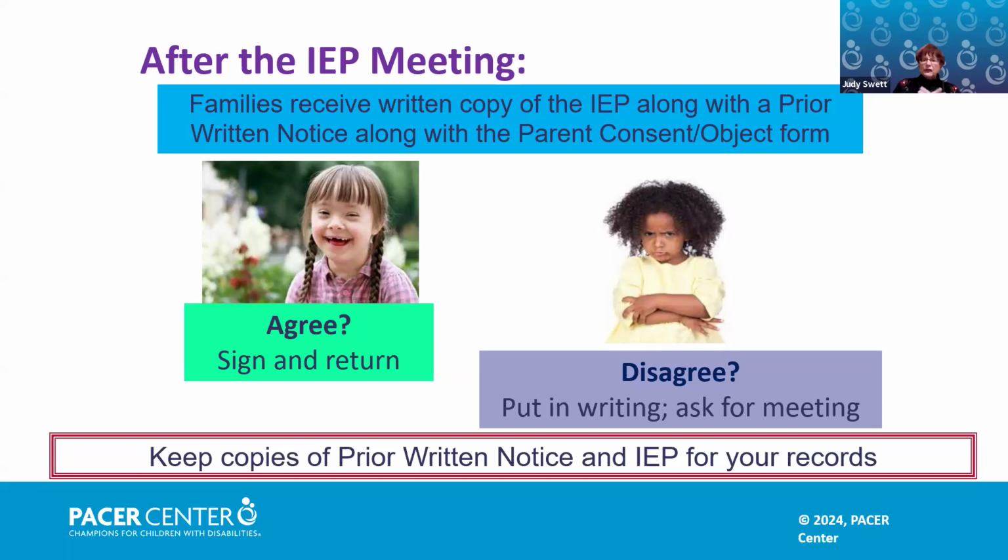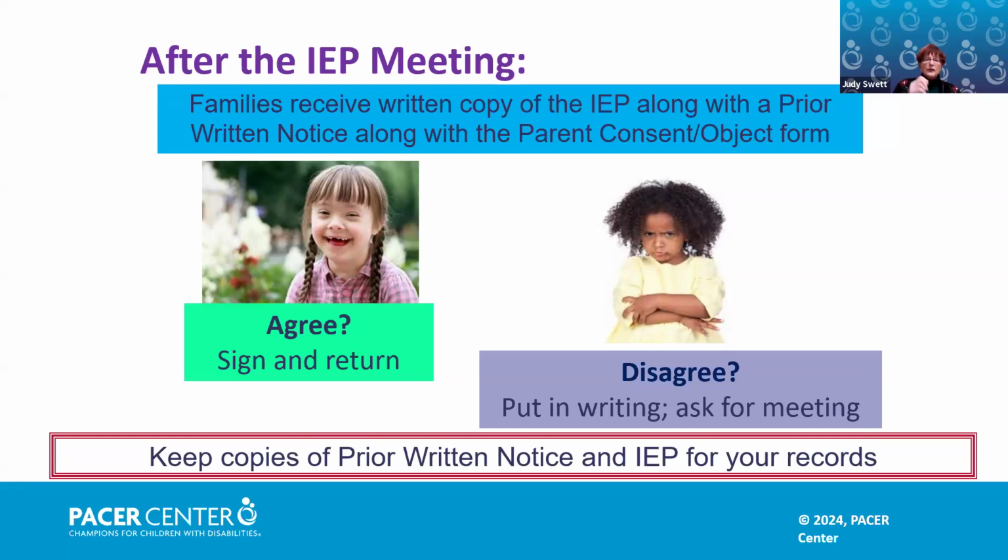If the parents disagree with something on the IEP, or feel something is missing, something that you discussed that didn't get transferred into the IEP, either way, you want to put your agreement or disagreement in writing on that form. You simply check the box that says I agree or I disagree.